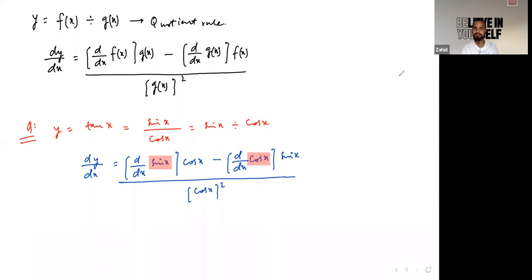Raza, just check your calculation. Yes, we have sin x divided by cos x. Raza, just check your calculation.